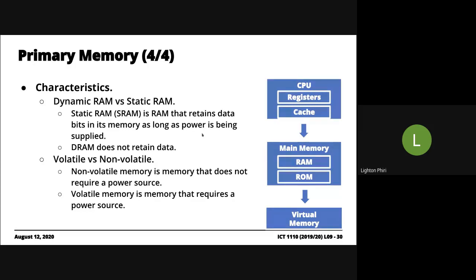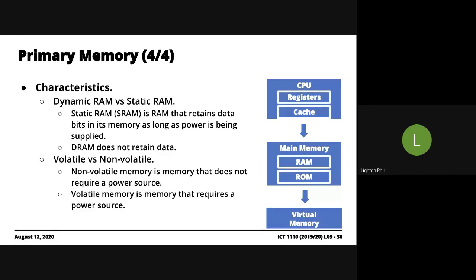So static RAM is essentially RAM that retains the data bits in memory as long as the power is being supplied to it, right? Dynamic RAM, on the other hand, does not retain the data, right? It's to do with the technology associated with how static RAM, for instance, is implemented, right?